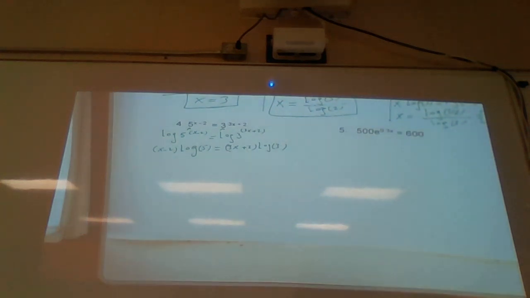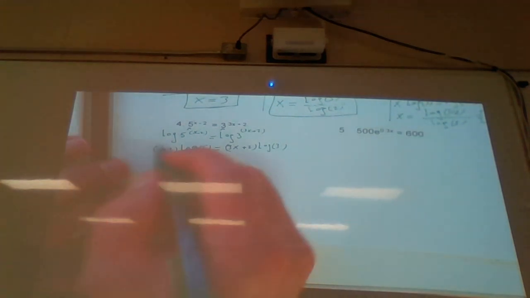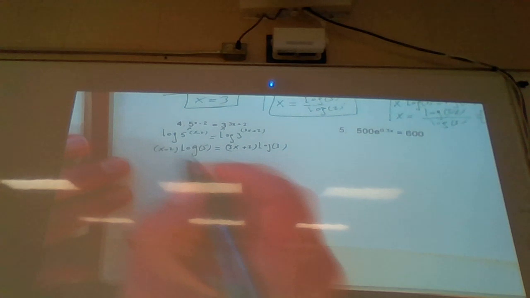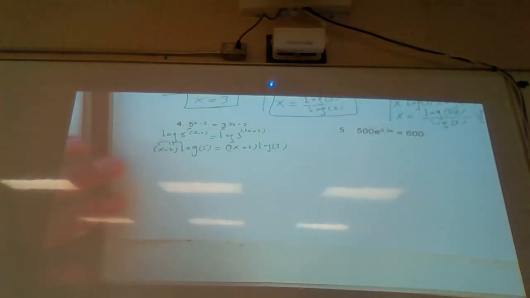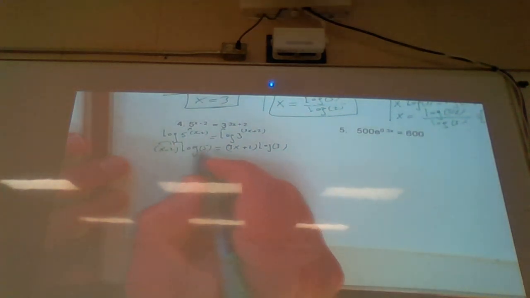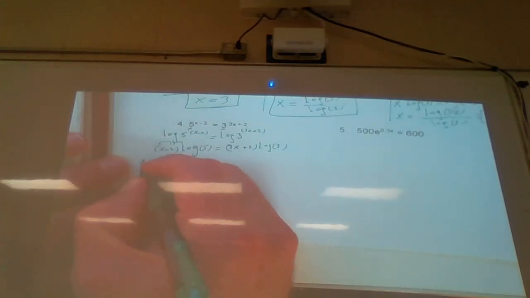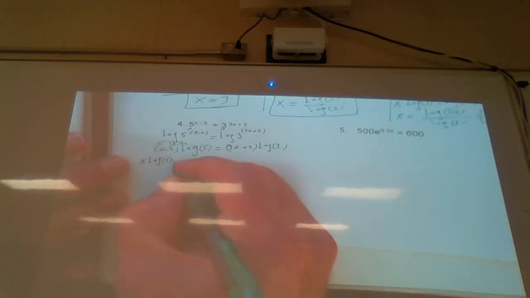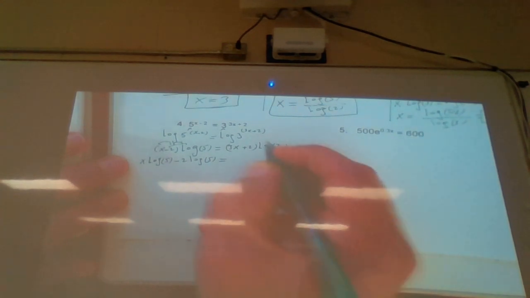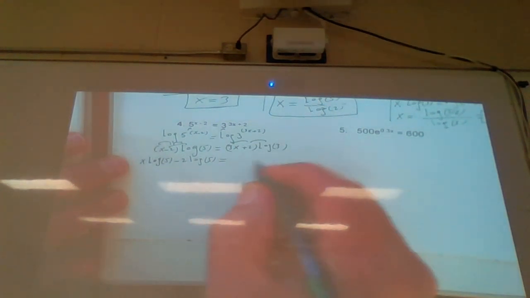Remember, I'm trying to solve for x, so since I have more than one term here, I'm going to do the distributive property. So log of 5 times x is x log of 5 minus 2 log of 5. I'll do the distributive property on this side.